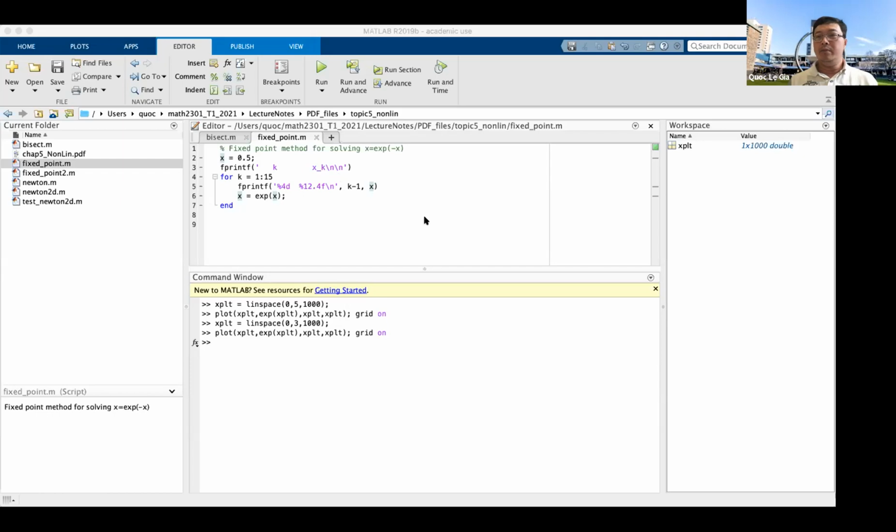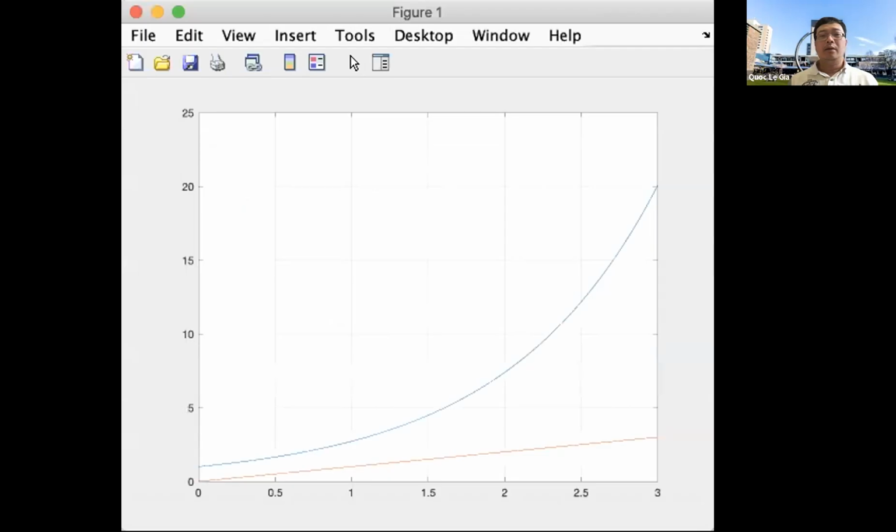Well, the problem is it doesn't have a solution. So the problem is, when I plot it, this one is e to the x, and this one is y equal x.